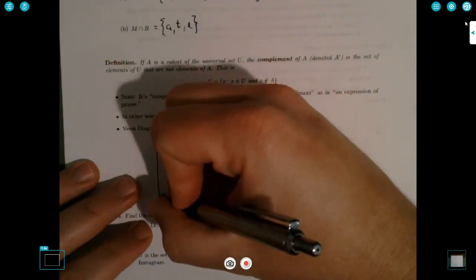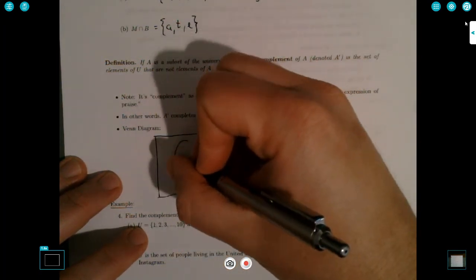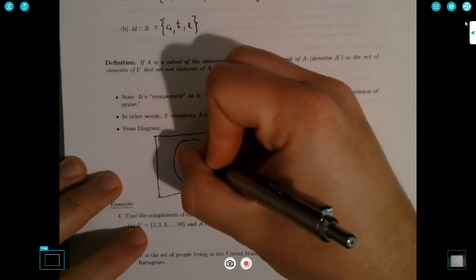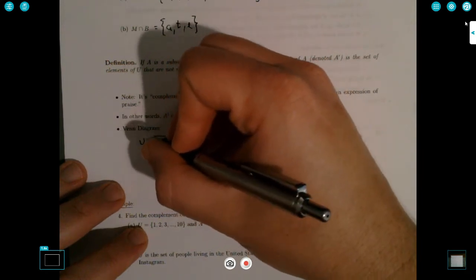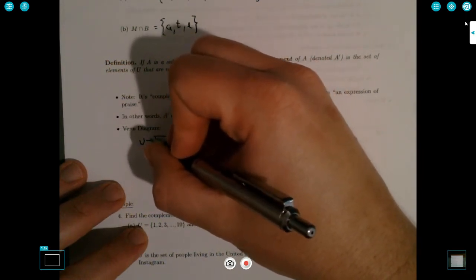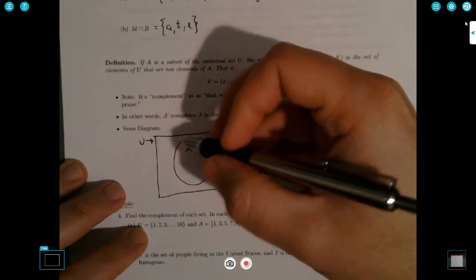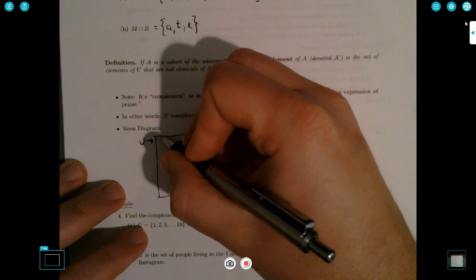So here's the Venn diagram. If you've got a set A, and this rectangle represents the universal set, everything inside this rectangle is the universal set. A is here. A complement would be all of this stuff.